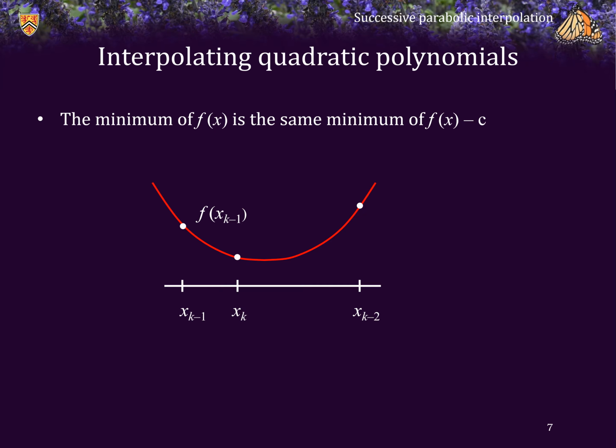Now let's recall that the minimum of a function is also the minimum of that function minus a constant. So given these three values, what we could actually do is subtract off of each of these three values the value f at x sub k minus 1. That would give us these 3 points here for which we are finding the minimum.